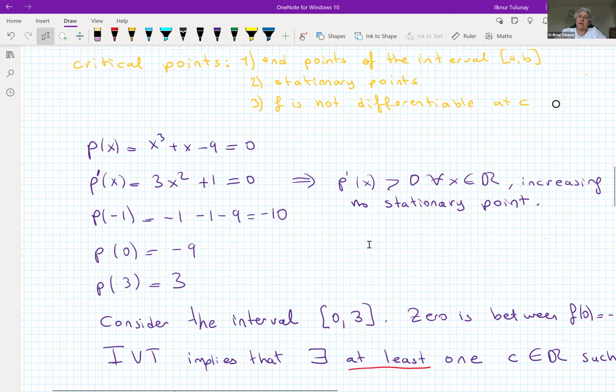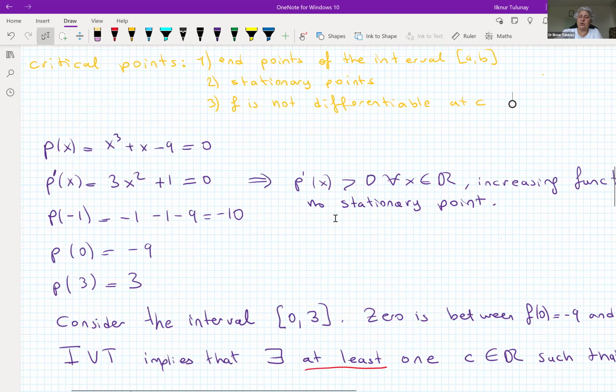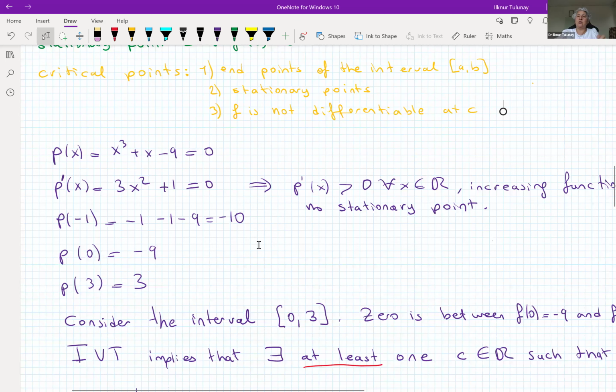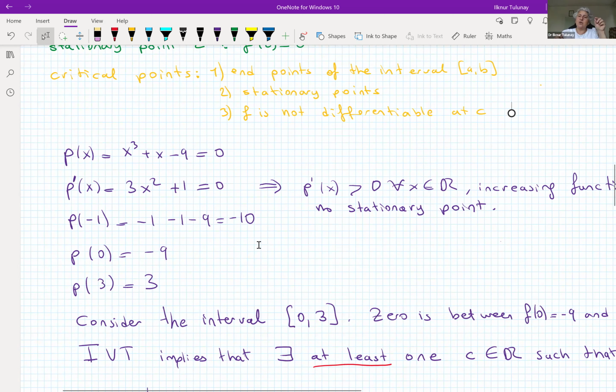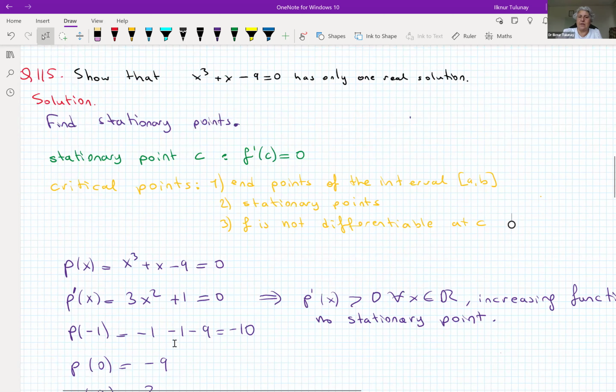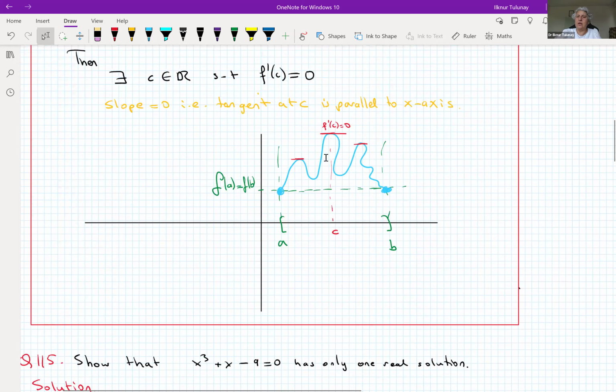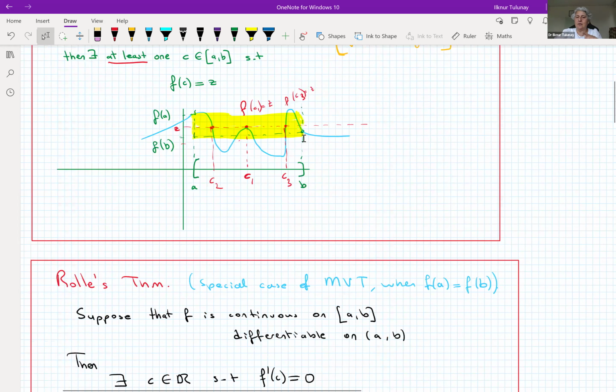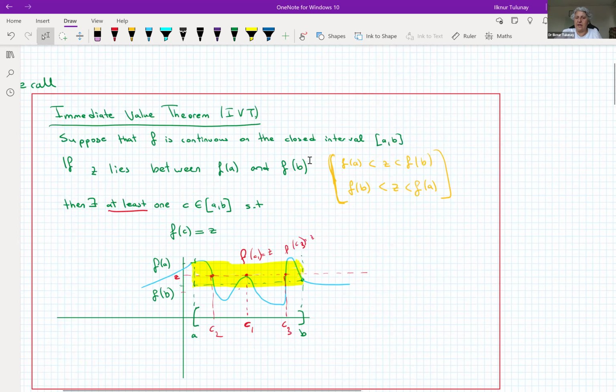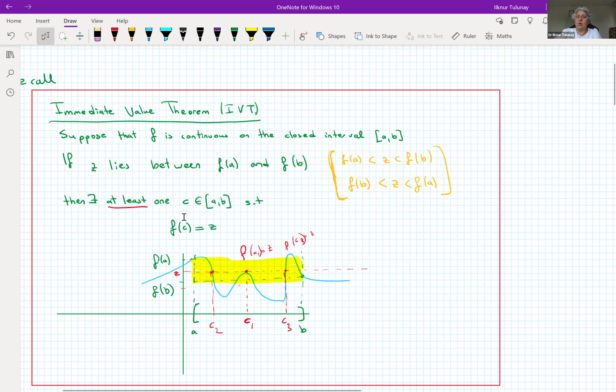In order to be able to use the intermediate value theorem, we want to find an interval such that 0 is between the values at its endpoints. Remind ourselves, for the intermediate value theorem we need such a and b, such that 0 is between f(a) and f(b), and then there exists a c in this interval such that f(c) is 0.